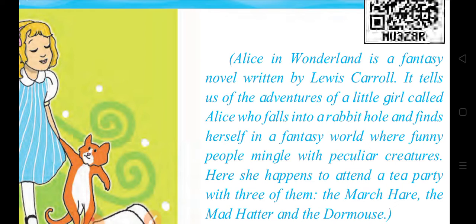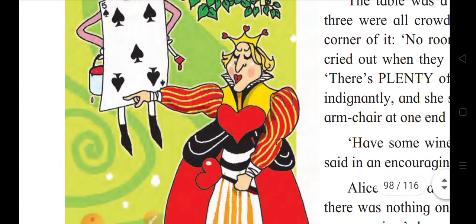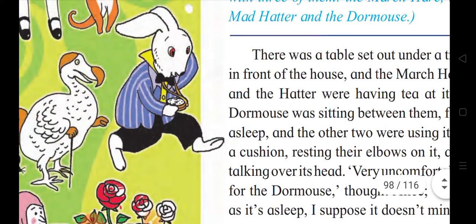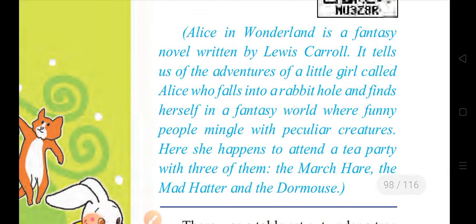Fantasy means an imaginative world which is full of magic and adventure. And there she finds very funny people. You can see the pictures of some of the funny people shown over here, right? Funny people, and also some peculiar creatures. Peculiar creatures means some of the animals also.